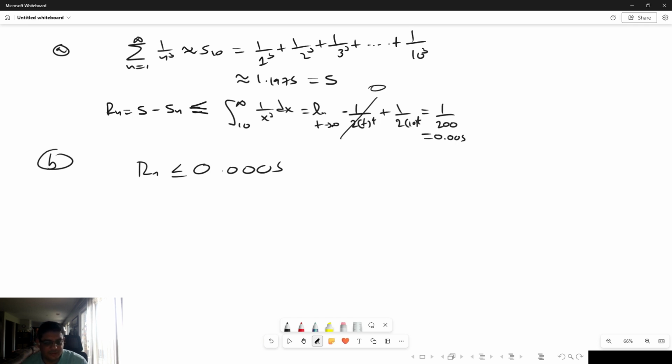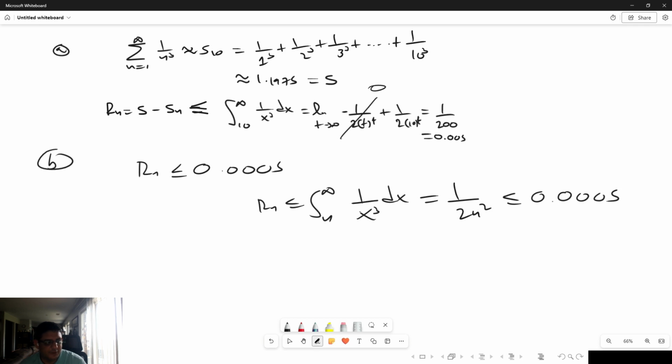Now for part B, we want one more zero, so we want an accuracy of 0.005. Because R_n is less than the integral from n to infinity of 1 over x cubed, you have to remember that this is 1 over 2n squared. Using the same integration method, we're saying we want that to be less than 0.005.